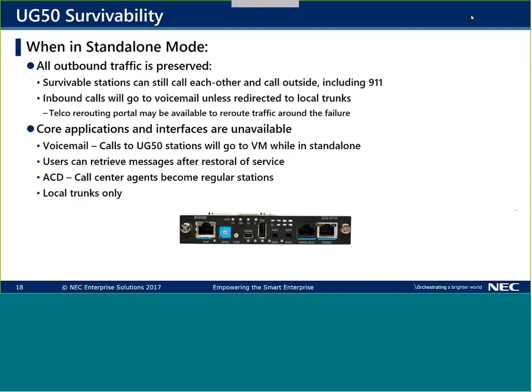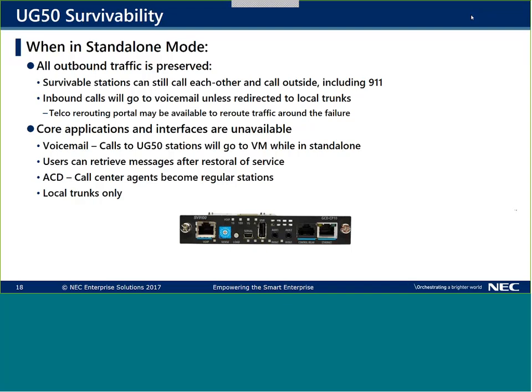The other thing that's fairly obvious here is we don't have access to core applications when we're in standalone mode. So if we look at voicemail as an example, when calls are directed at users on the UG50, if we can't get there, those calls are going to get a voicemail anyway. And let's assume for a moment we have a UM8700 voicemail at the core. It's going to go ahead and take that call, record it.